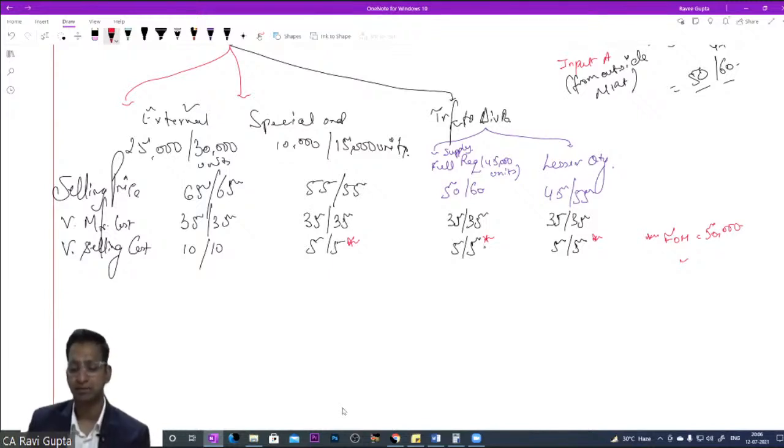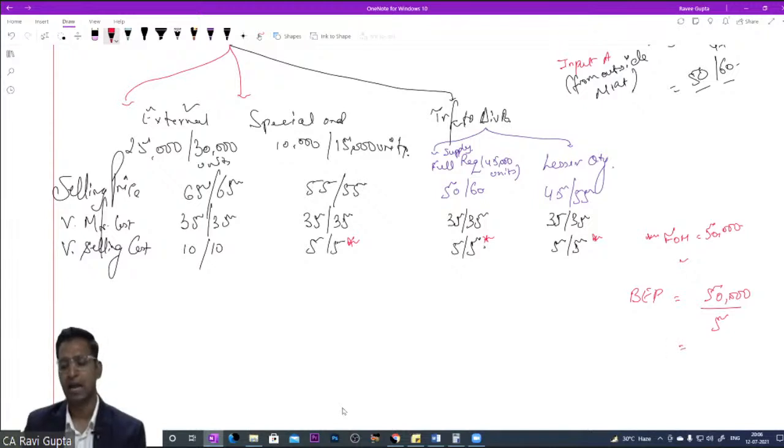That means we have to check the break-even point of this fixed overhead. 50,000 rupees is the cost we are going to incur. The benefit we get is 5 rupees per unit.